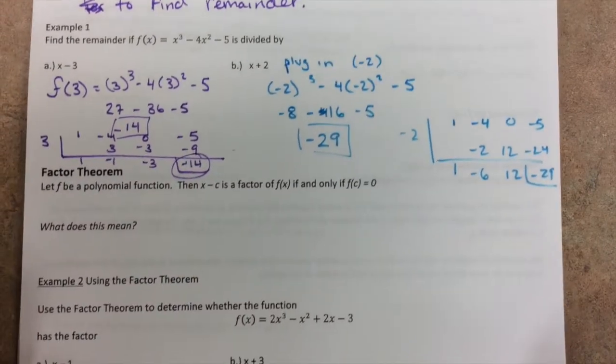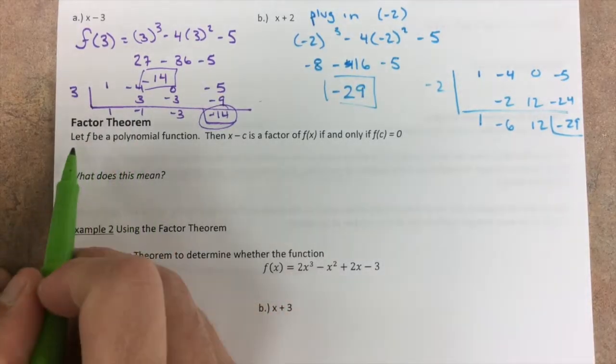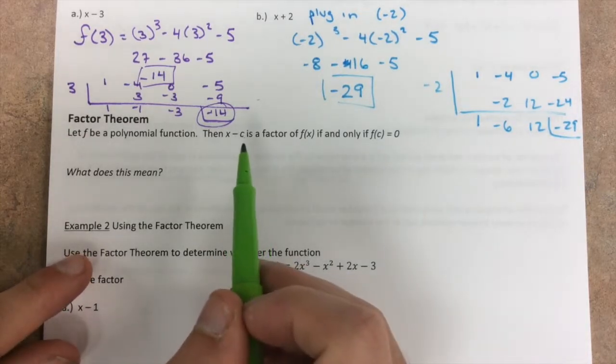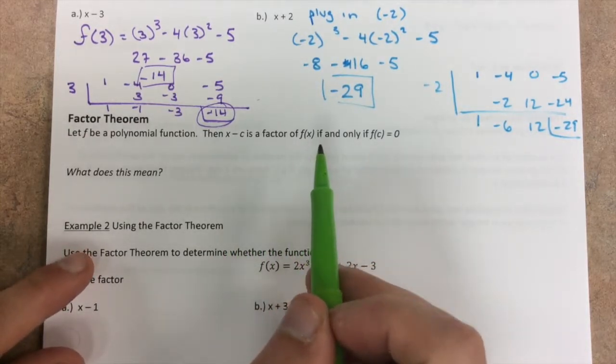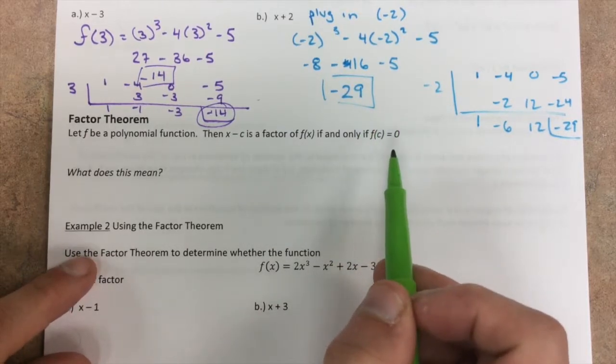So one step further with the remainder theorem is something called the factor theorem. The factor theorem says, almost identical, let f be a polynomial. Then x minus c is a factor if and only if the remainder is 0.